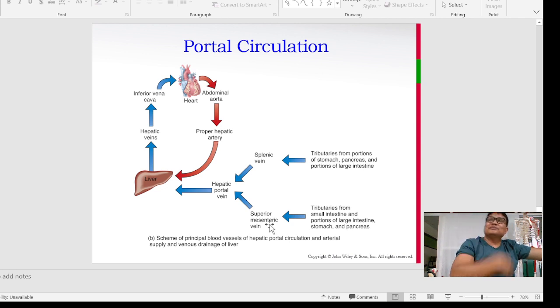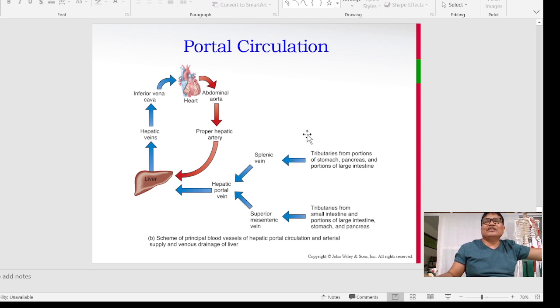Dili, no? Basta gikan na siya sa imong mga intestine, special dili na siya moagi diretso sa veins paingon sa heart. Moagi pa na siya og liver. Dalhon na siya dito sa liver. Then, from the liver, i-drain siya sa hepatic veins, paingon sa inferior vena cava.